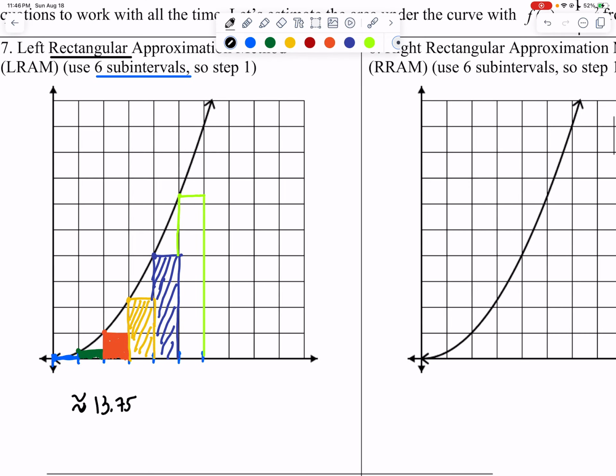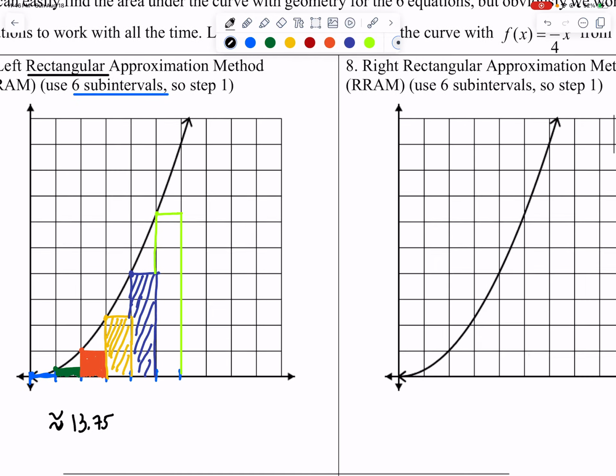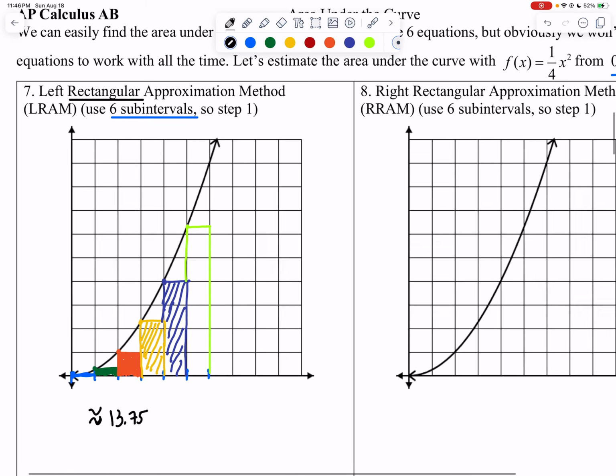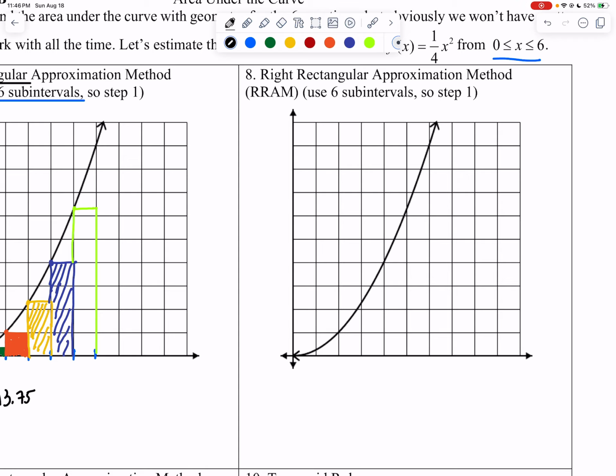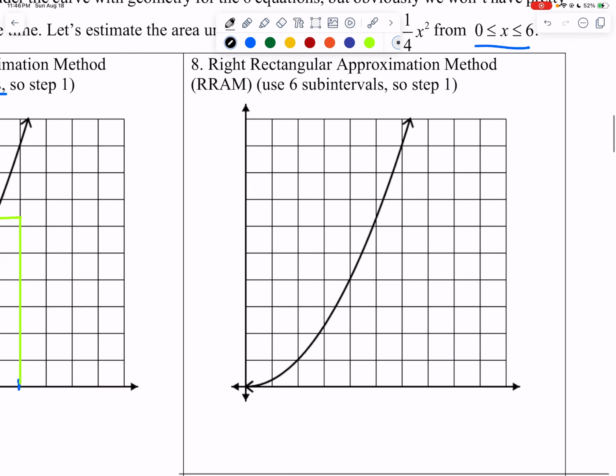All right, so looking at number 8 here, instead of a left Riemann sum, we're going to be using a right Riemann sum. A right Riemann sum is basically me using my right endpoint first. So instead of starting from the left, I'm starting from the right. I'm starting up here and then moving it to the left so that I get this lovely thing right here. So that's my first rectangle.